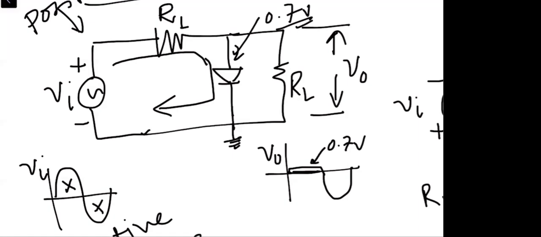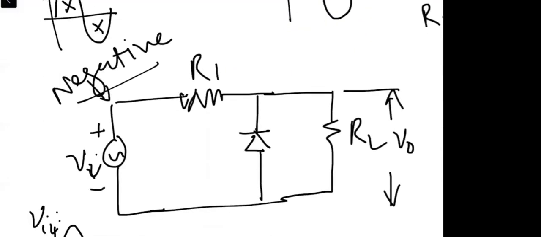But in most cases, we will consider the diode to be made of silicon, right? Therefore, we say the potential in the positive direction will be equal to 0.7 volts, right? And the same is the case when we consider the negative limiter circuit.